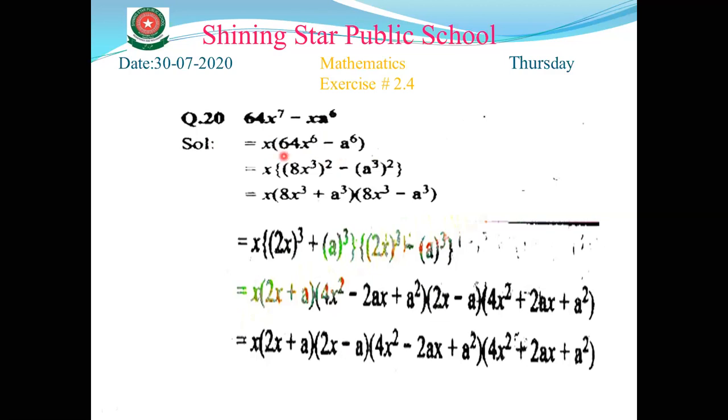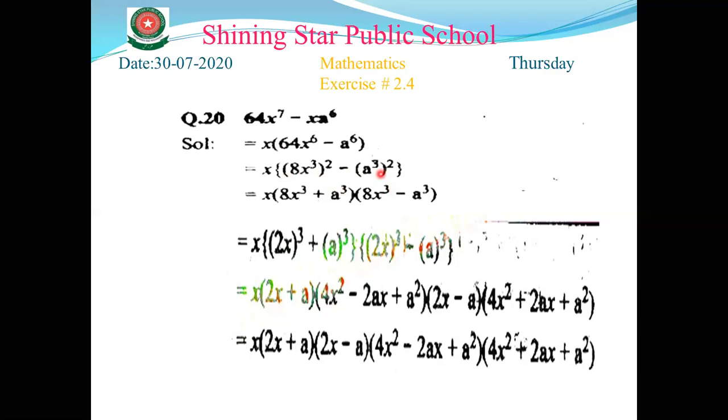Now we can see here 64 is the square of 8, so we can write 8x cube whole square minus a cube whole square, because a power 6 is a cube whole square.